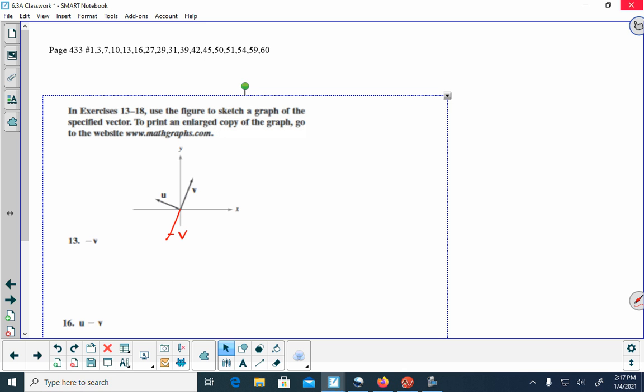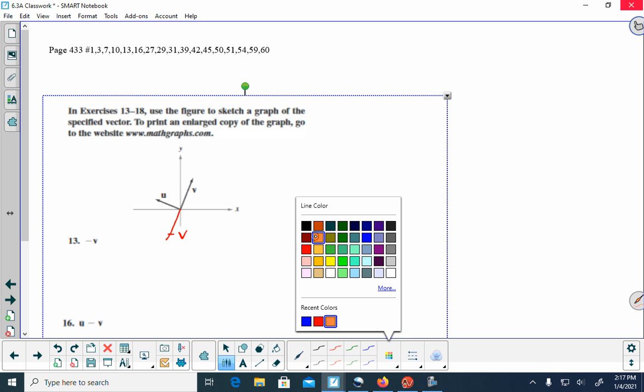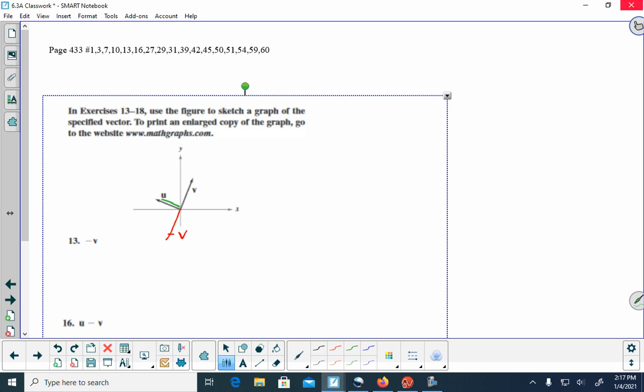Now U minus V, since I already have minus V, I'm going to use that. U minus V would be putting these two vectors together. So this is my U here, and there's the opposite of V. If I put U minus V, or U plus negative V, I would end up with that.